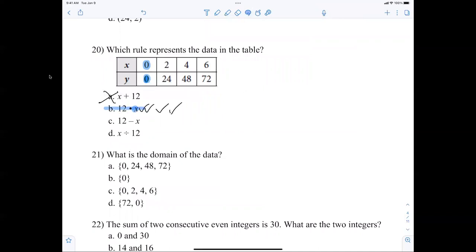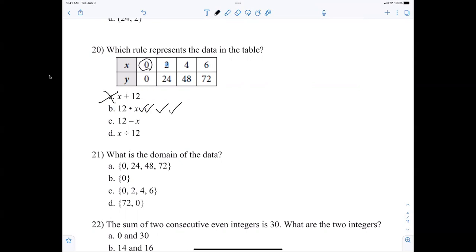You're just plugging in 0 for X, 2 for X, 4 for X, and 6 for X. Substitute 0 in for X. What is this right here?